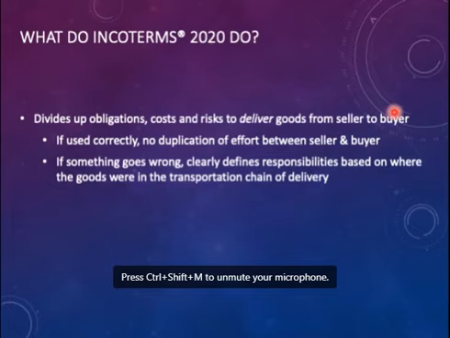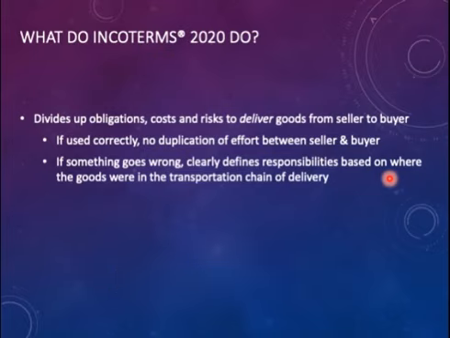So Incoterms 2020 divides the obligation, cost, and risk of delivering the goods from the seller to the buyer. If used correctly, there is no duplication of effort between the seller and buyer.